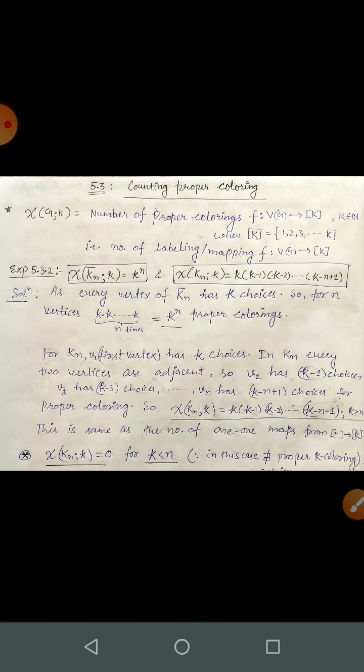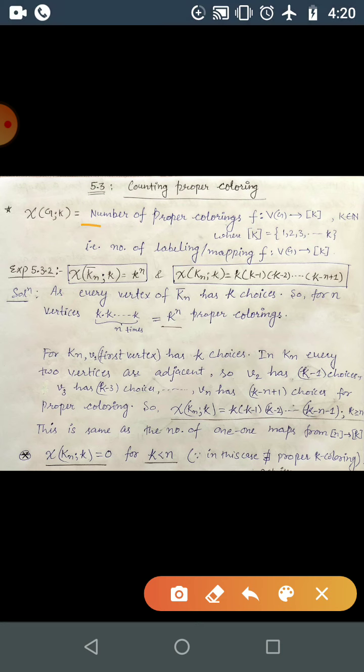You are given some number of colors, and out of that you can choose how many colors to use for proper coloring, and according to that you will count all the proper colorings. That is the number of proper colorings we will be calculating here.